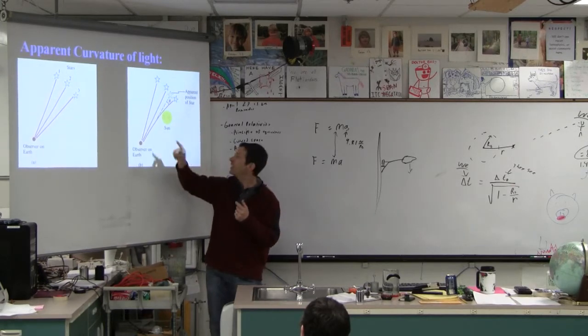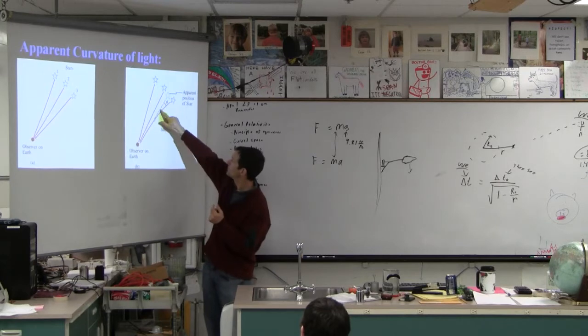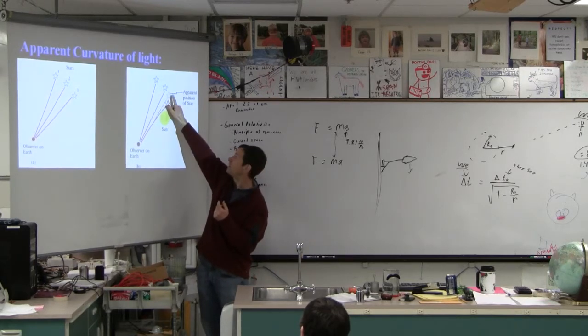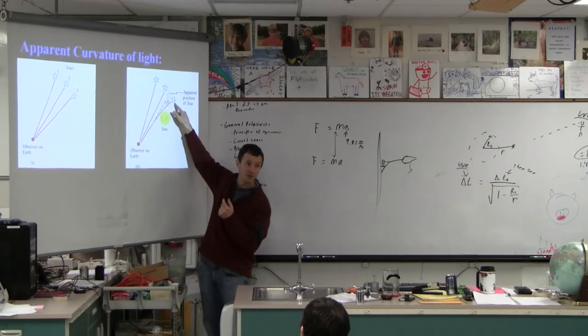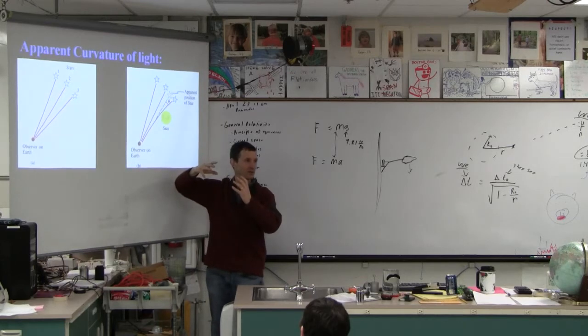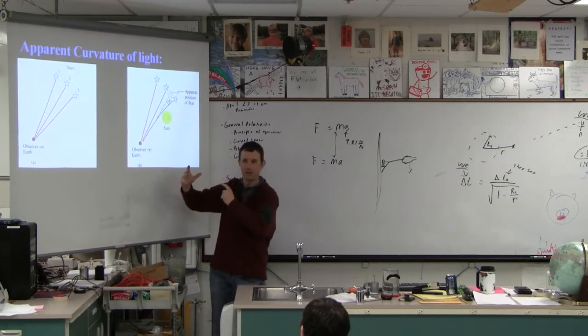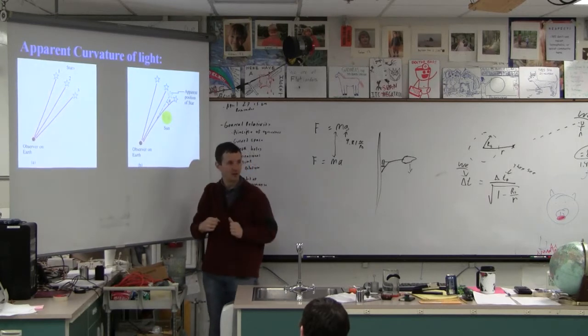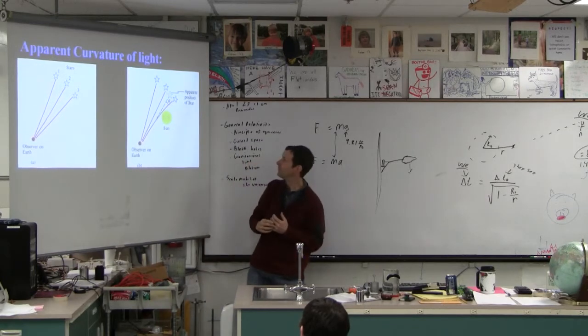No. What happens is we assume light goes in a straight line, and we project the image of that star to be here. That's where we see it. It really is here, but we see it in the sky there. It shifts away from objects of mass. Isn't that weird? It really is behind the sun, but we see it off to the side because of the curvature of space itself.